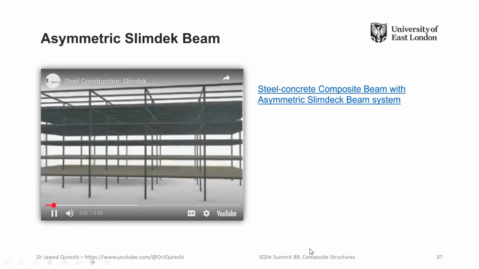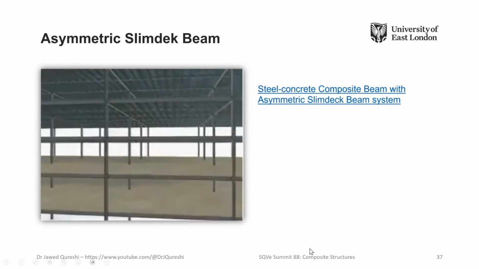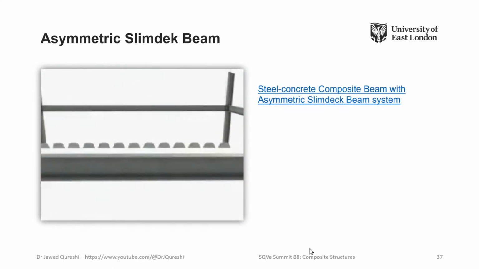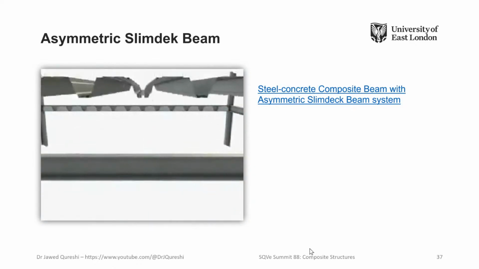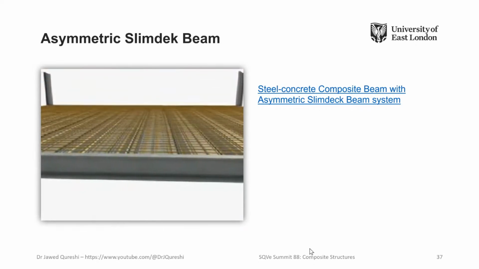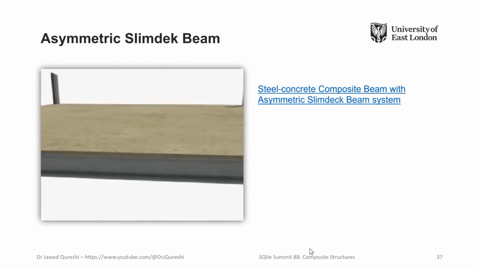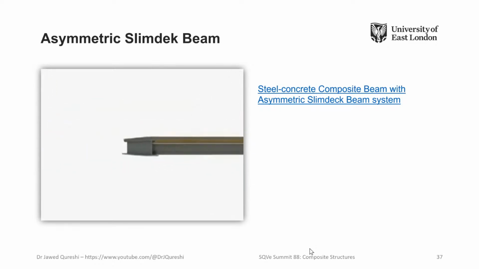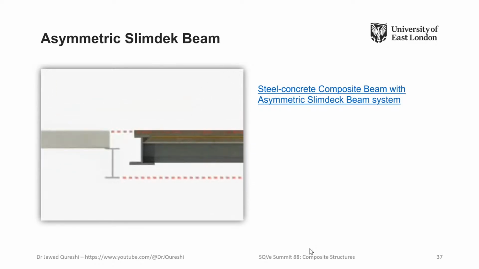SLIMDECK is a proprietary shallow floor system. It is a composite system comprising of an asymmetric slim floor beam, or ASB section, contained within the depth of the slab. The ASB supports deep deck profiled metal decking. SLIMDECK reduces the construction depth, since the beams are contained within the depth of the floor slab.